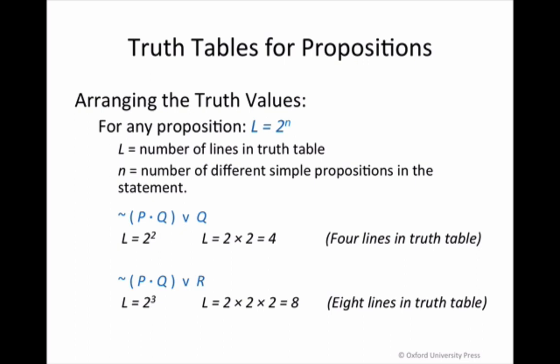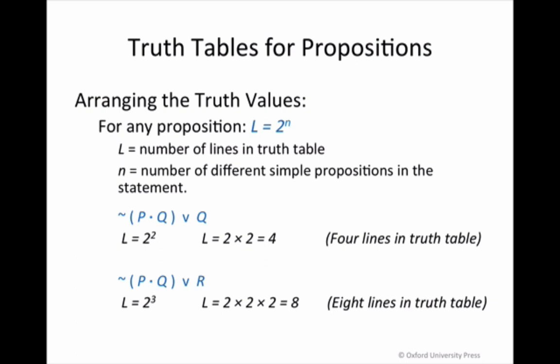You start with the leftmost sentence, in this case P, and if there are 4 rows or 4 lines in the truth table, you have 2 true and 2 false, and then Q gets half of that. In other words, you alternate true, false, true, false.